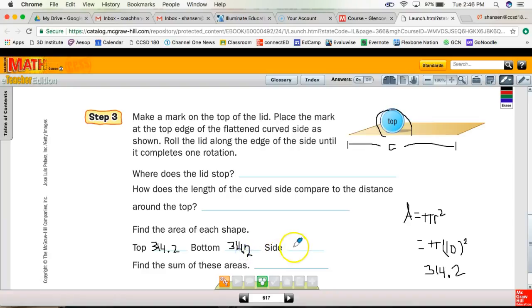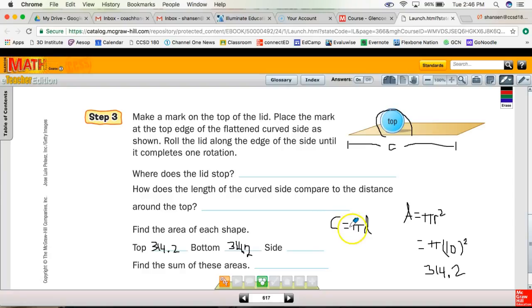So the side would be the area of the rectangle, which is the circumference of the circle, which is pi times diameter. That's a reminder from before. So C equals pi times D. It's also 2 pi r if you happen to have the radius, because the diameter is twice the radius.